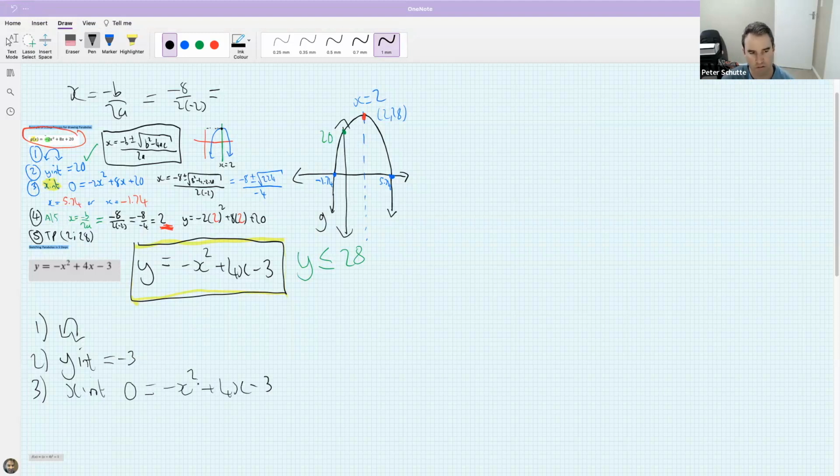We have to solve this. And you could factorize it, or you can use the formula. Doesn't really matter.